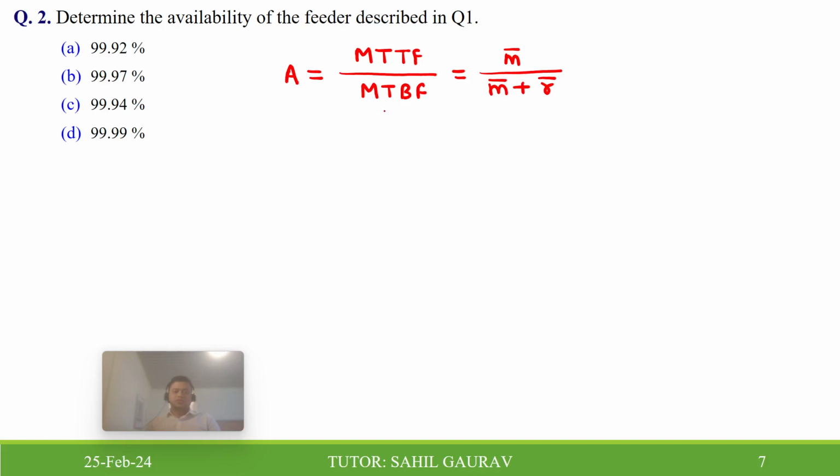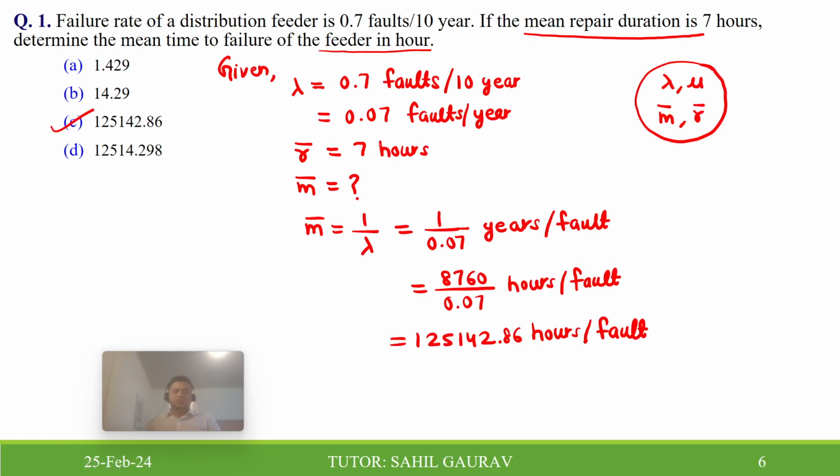So m bar we have found, we got 125,142.86 hours per fault, and r bar is given in the first problem as 7 hours.